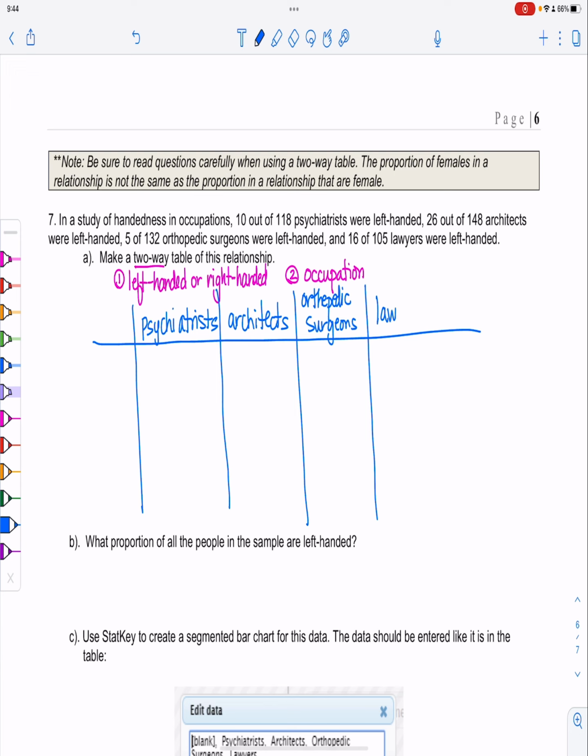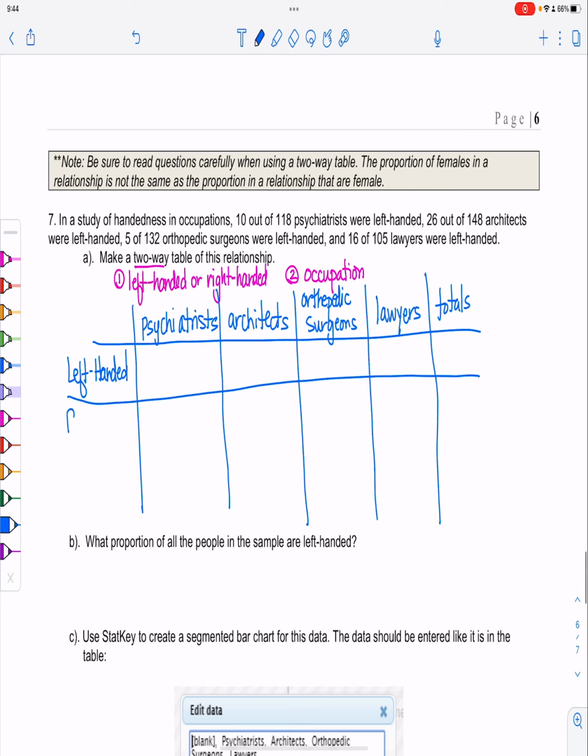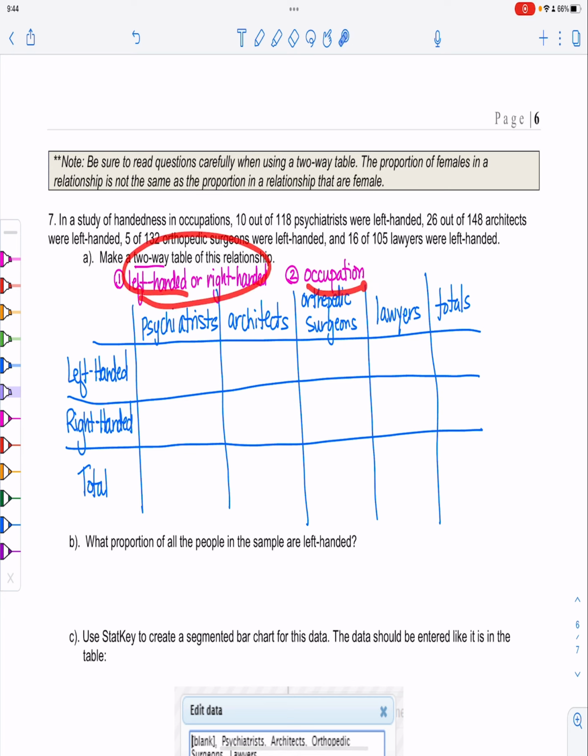And then we'll need a column for totals. And then along the rows, we'll just have left-handed, right-handed, and total. And just remember, a two-way table just means 2 categorical variables. That's where the 2 comes into play.